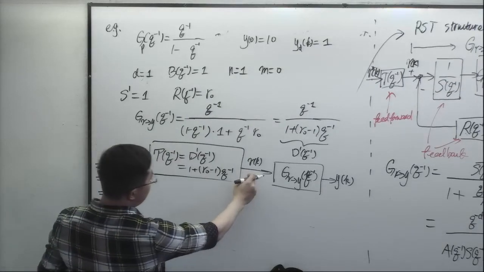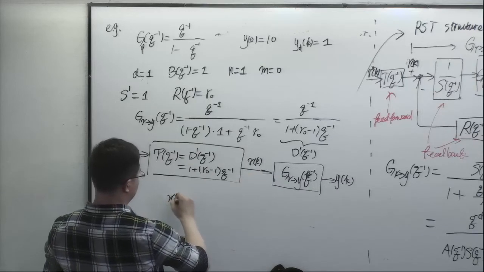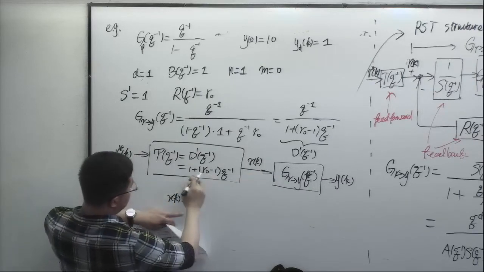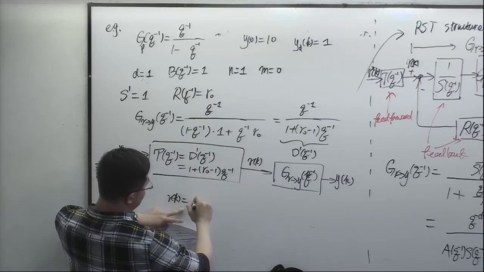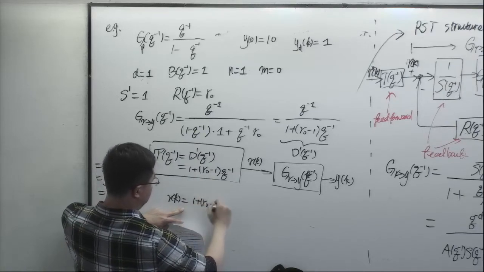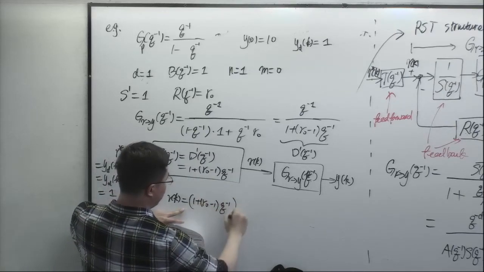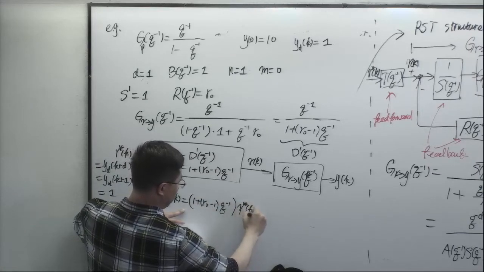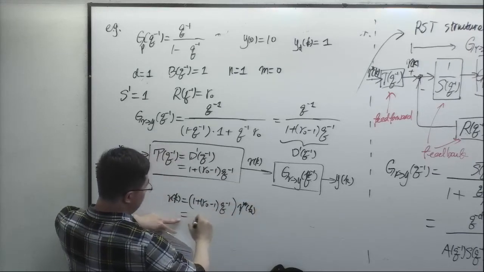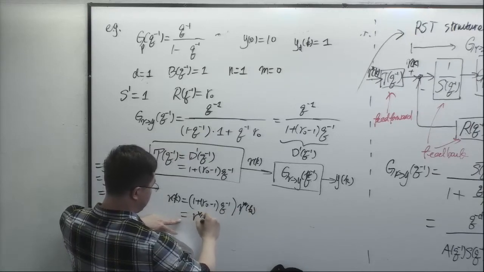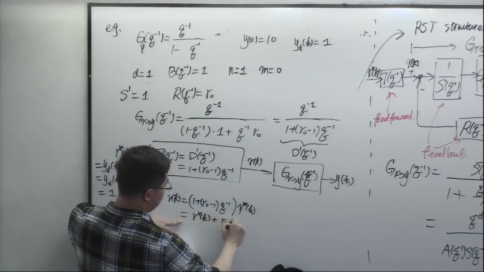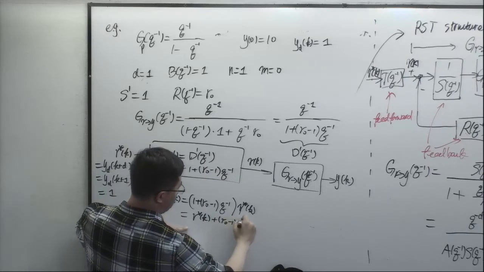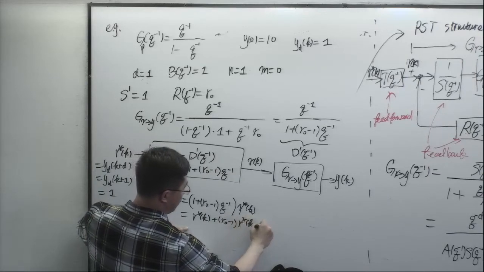From here, we can know RK equals this T operating on R star K. So it is R star K plus R0 minus 1 R star K minus 1.